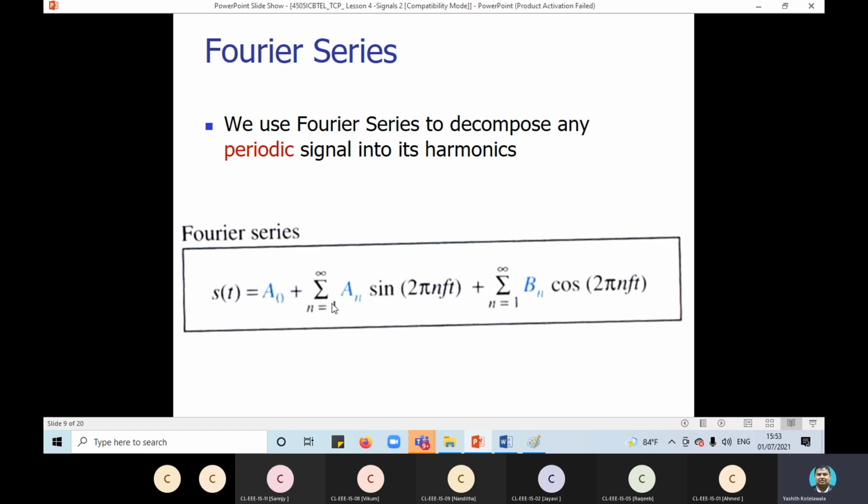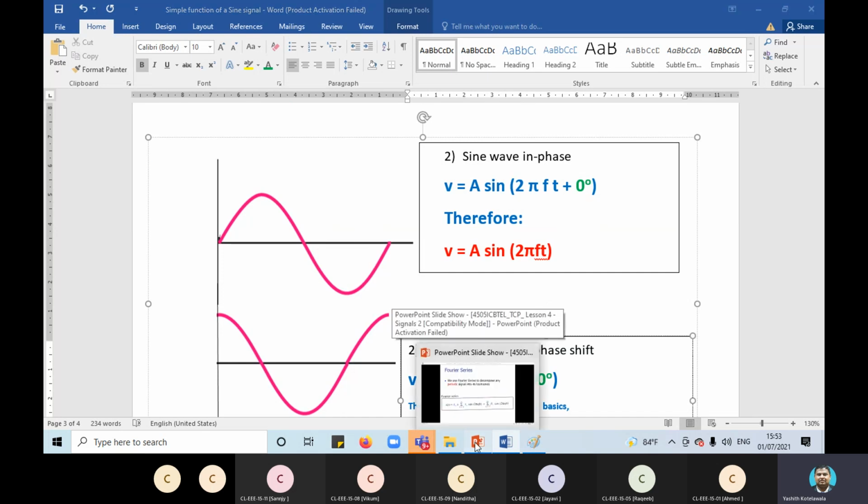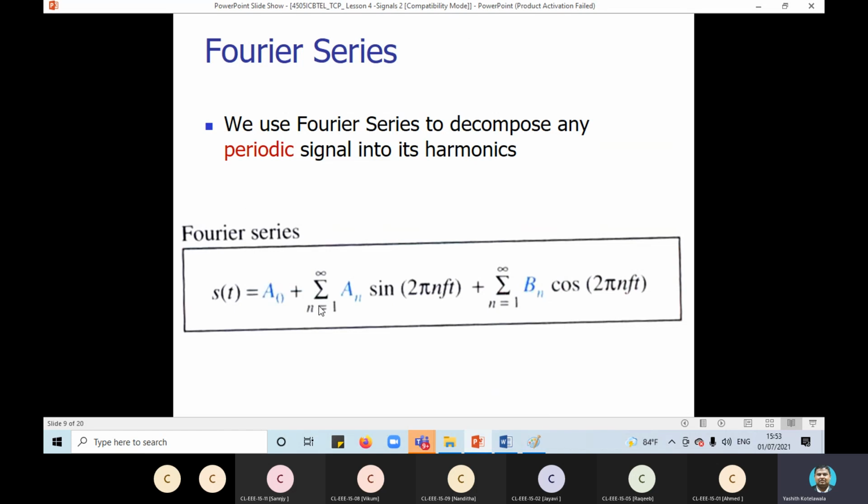If the n value is 3, the third harmonic, 3 times; fourth harmonic, 4 times; likewise it goes. So now this bit represents the sine components. If you are going to connect different sine components together, you will have this Fourier series with this sigma.